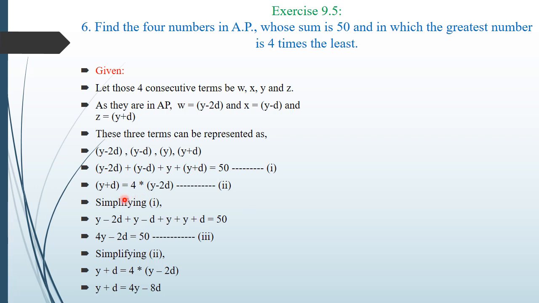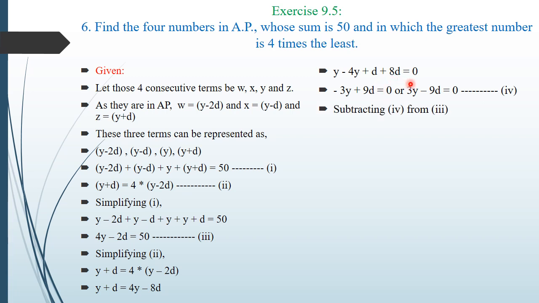Simplifying the second statement, y plus d is equal to 4 into y minus 2d. I'll multiply this 4 inside the bracket, that will be 4y minus 8d. Bringing all the terms to the left side, y minus 4y, plus d as it is, and minus 8d will become plus 8d, that is equal to 0 here.